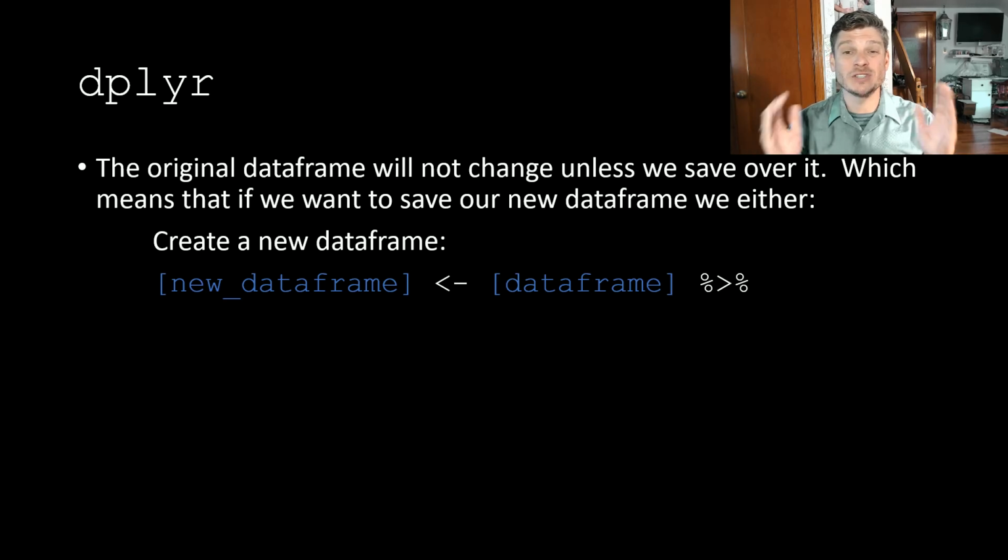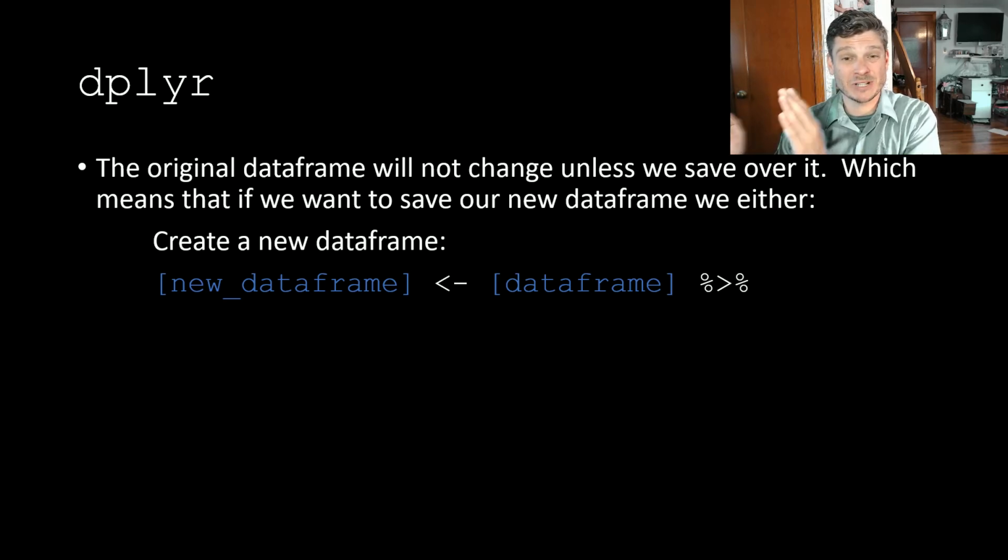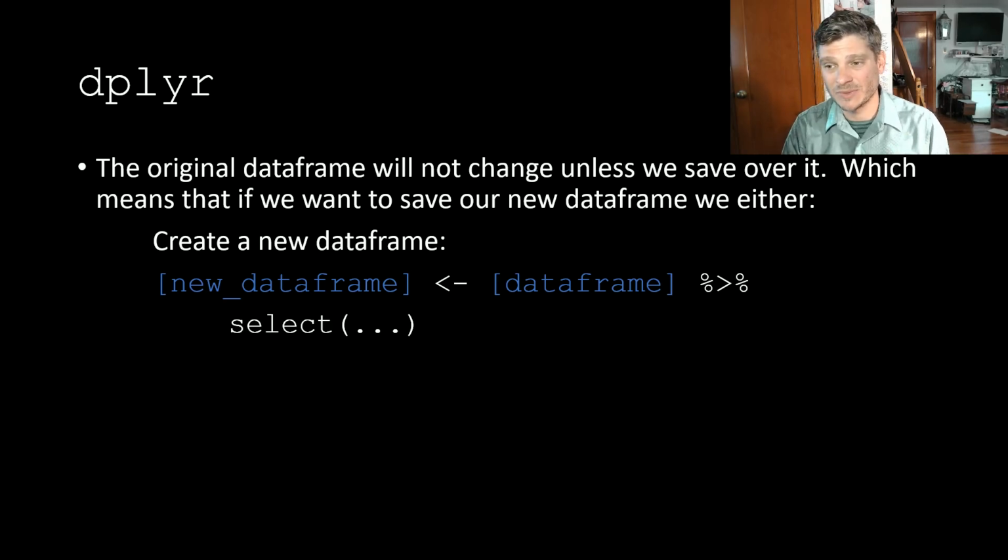This preserves the original data frame. That means that the original data frame is still going to be stored in that physical location in the memory, all right? And it's not going to be changed at all. And then we're going to create a separate spot called new data frame, and our modified one is going to be stored there. And we'll have both the original and the modified version both stored in the computer's memory for us to access later. All right.